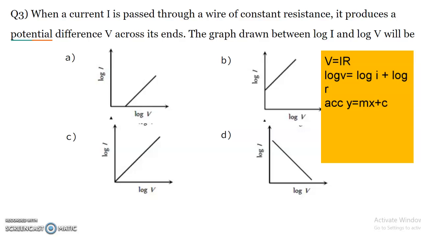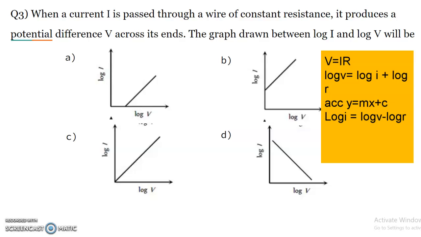From the graphs, we observe that on the y-axis it is log I, and on the x-axis we have log V. So log I is equal to log V minus log R. Now m is positive, that is the slope is positive, and the c part is negative.